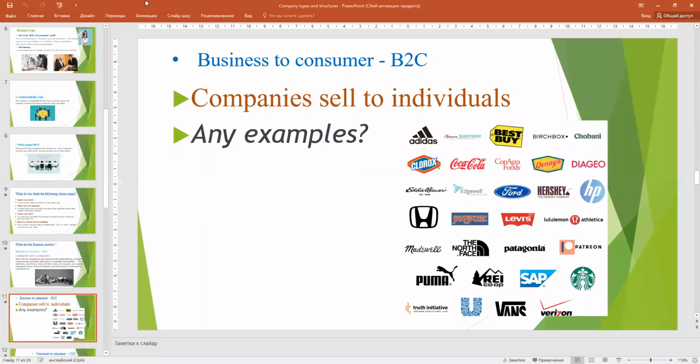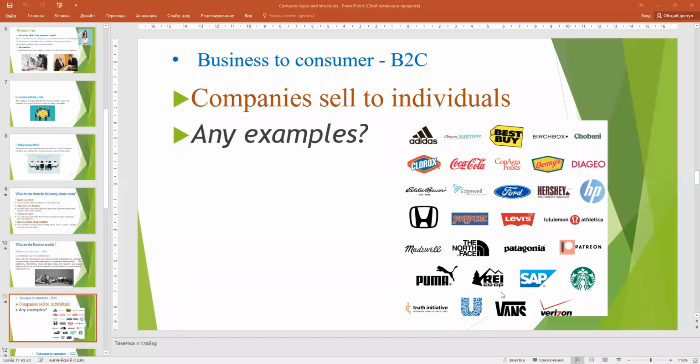Okay, so the next one, business to customer. The companies sell to individuals. For example, as you can see here, this kind of company can sell to individual customers. For example, the best known logos of these companies are Puma, Adidas, Coca-Cola, Ford.